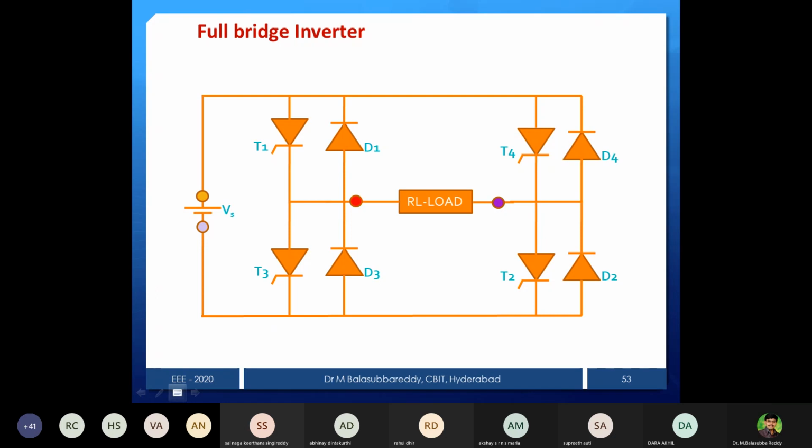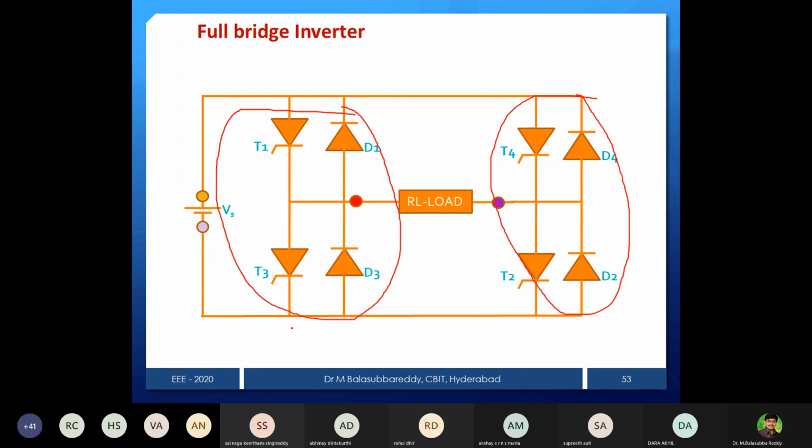But now, if I use this circuit, exactly the same circuit, only I have taken one more leg. Earlier it was like this, two thyristors and two diodes, no? Same setup, I added one more leg here. That will become a full bridge inverter.